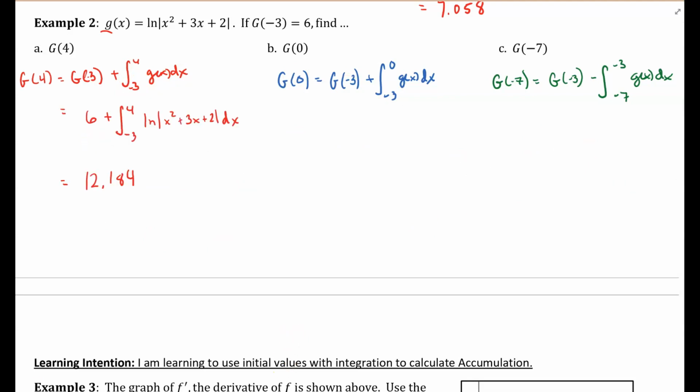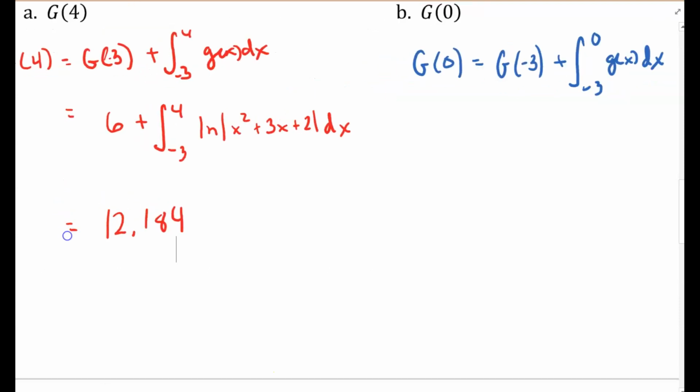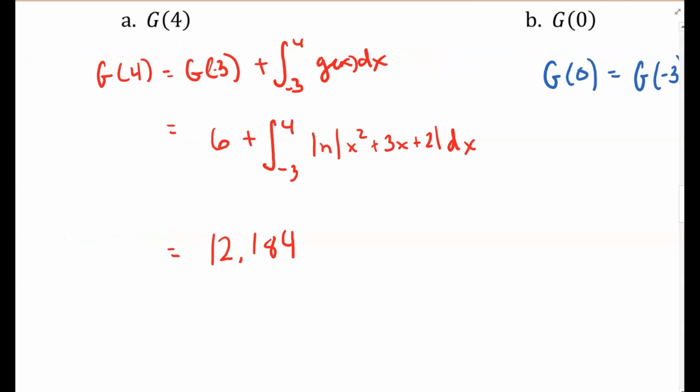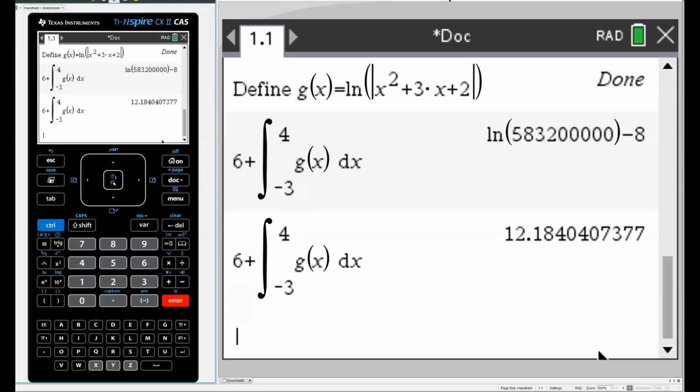All right, here is g of 4. So substituting for g of -3, we get 6 plus the integral from -3 to 4 of g of x dx, and this is 12.184. Now you should have defined, we're going to do this 3 times, so hopefully you defined a function within your calculator. You don't have to, but you're going to have to enter that function multiple times, or I guess just copy and paste it down. But I defined it as g of x, just so I have continuity with what I'm writing.